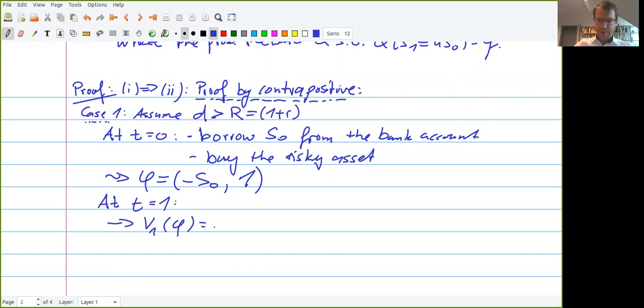If we follow this trading strategy, well, this is a random variable, but we can estimate it from below by the worst case, namely, okay, and this is the money we have in the bank account, bank, plus D S0. So this is the worst case we have in the risky asset.